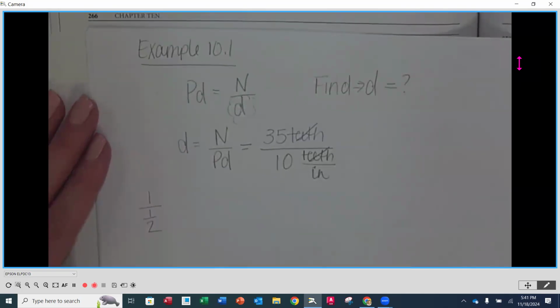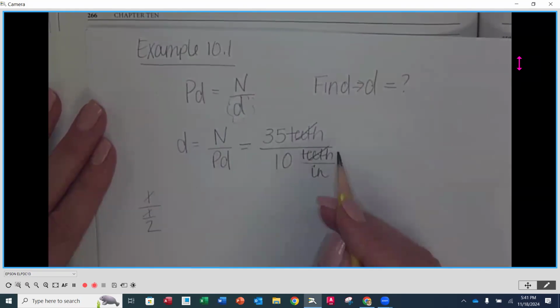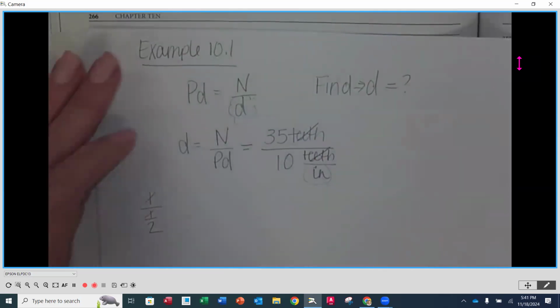If you go on your calculator and you divide 1 by 0.5, what do you get? You get 2, okay? So the units here act the same way. If I'm in the denominator of the denominator, it's multiplying on top. So my units are inches.